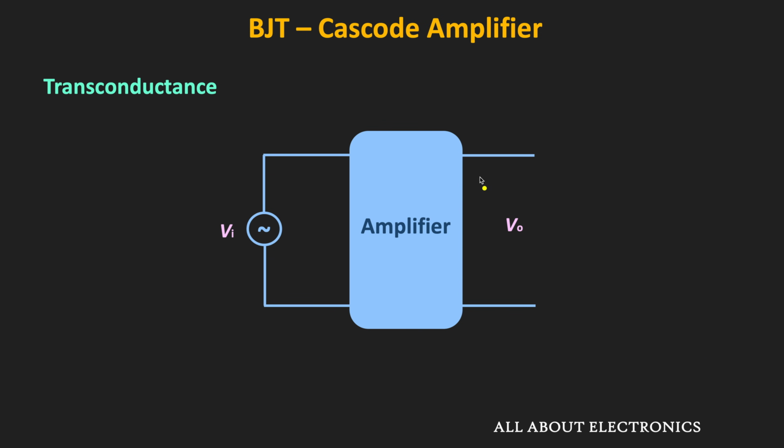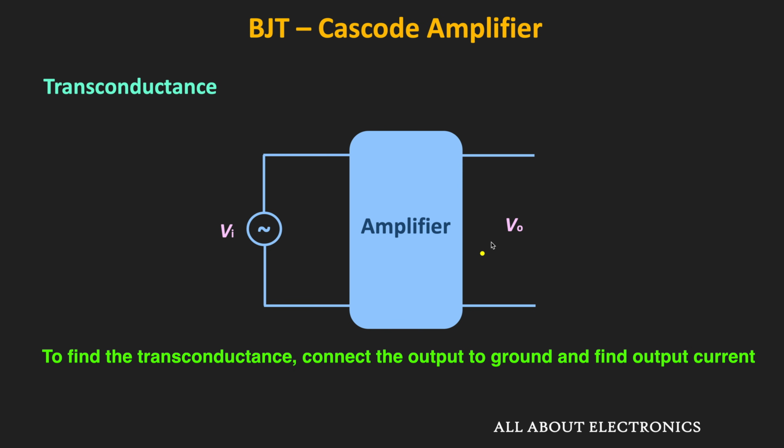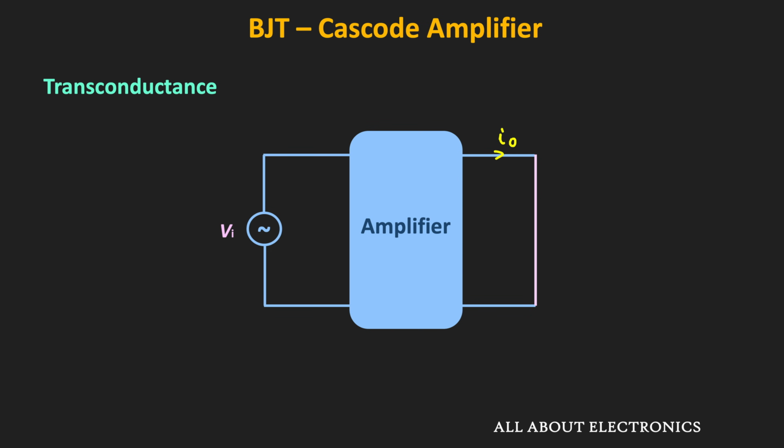So if the Vin is the input to the amplifier and V0 is the output, then to find the transconductance, what we will do? We will find the output current of this circuit. Let's say that is equal to I0. So the ratio of this output current to the input voltage will give us the transconductance of the amplifier.